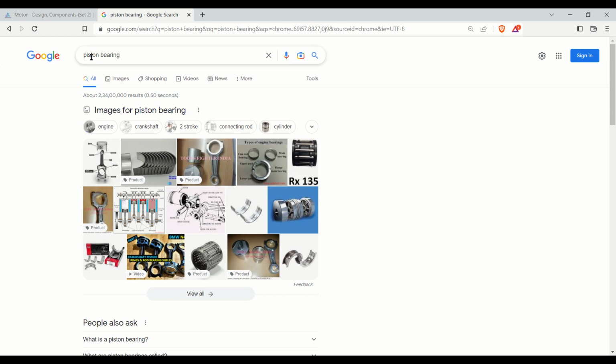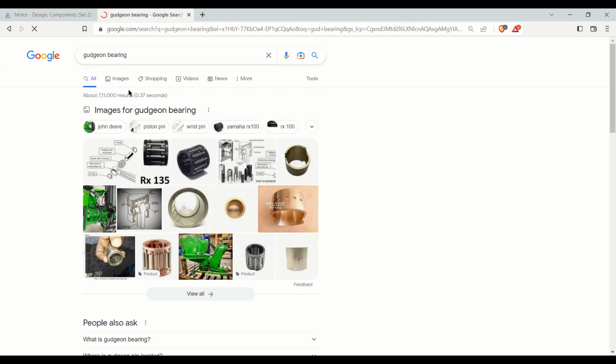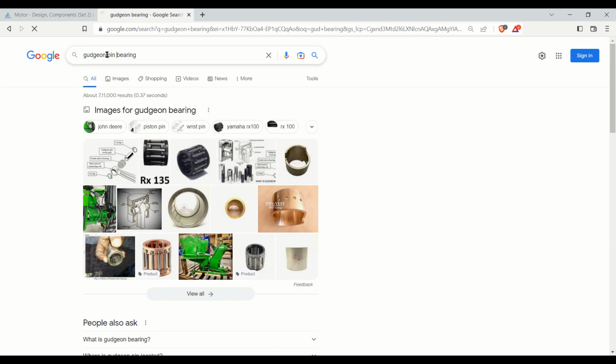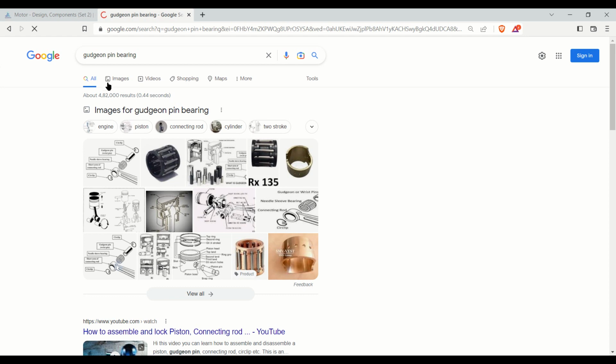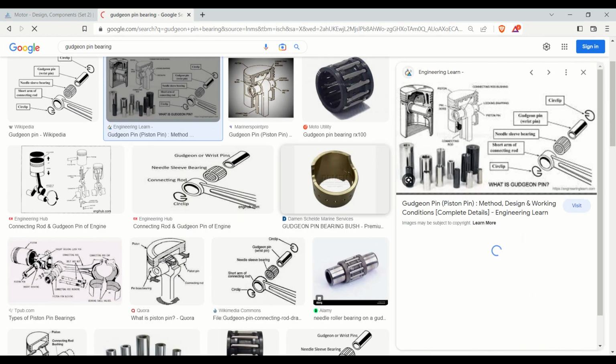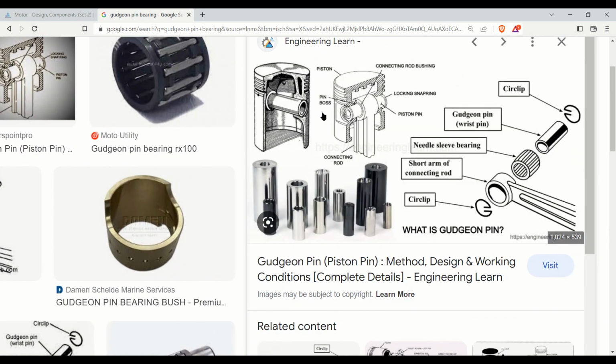You can see in this image, it's a good image. This is the piston and this is the piston crown.